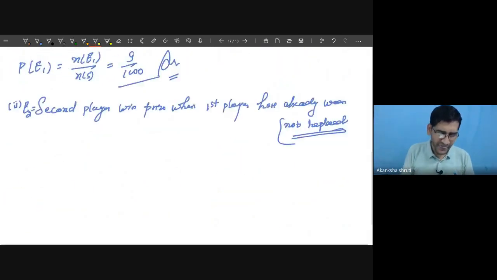So right, for the second player, you may write the sample space again.